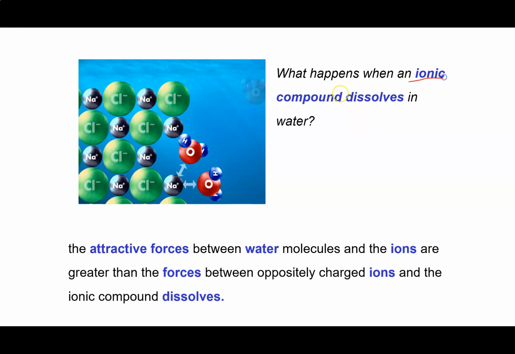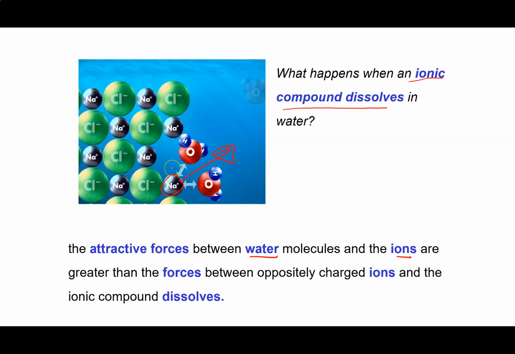When an ionic compound is dissolved in water, there are attractive forces between the water molecules and the ions, and basically the ions get ripped off the surface of the crystal and then dispersed throughout the water. That's kind of cool, right?